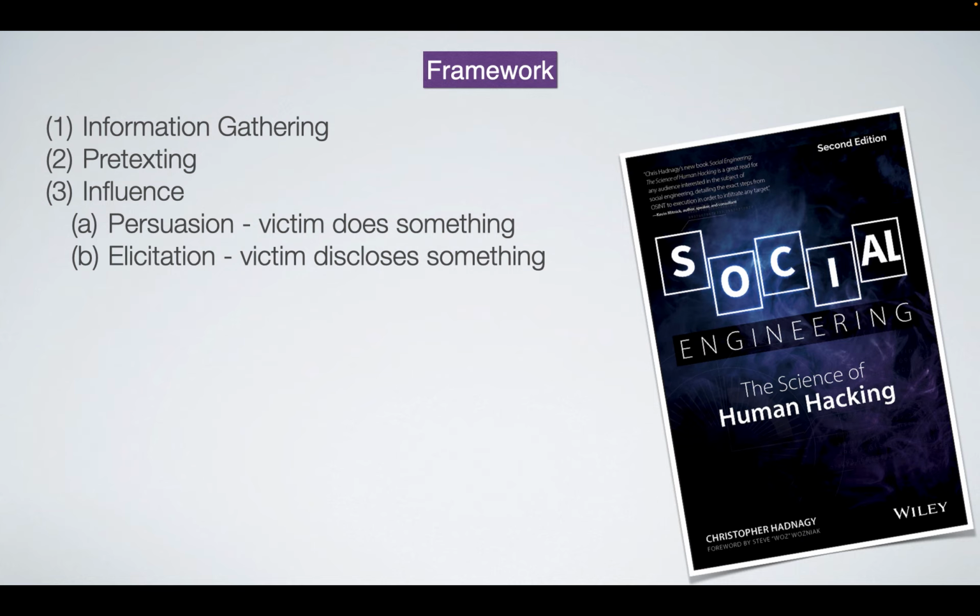So that's your pretext. And then the last thing is, what do you actually want to get out of it? Usually there's one of two things. Either you want to convince someone to do something that they don't want to do, so we call that persuasion, or you want to get a piece of information that they know that you shouldn't know, but you want to get it out of them anyways, okay? So we call that elicitation.